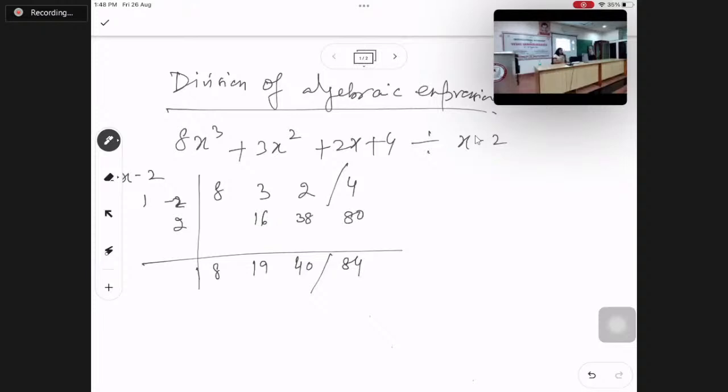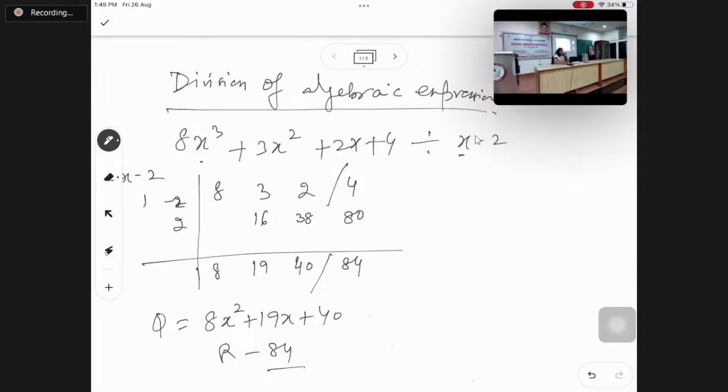But here, we do not take carryovers. See, we are dividing x cube, a third degree equation, with the first degree. So, obviously, it is an x square term in the quotient. So we start writing the quotient. Quotient would be 8x square plus 19x plus 40. And your remainder is 84. In this way we can divide. See how simple is this?